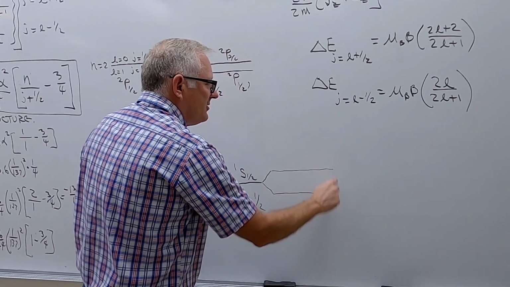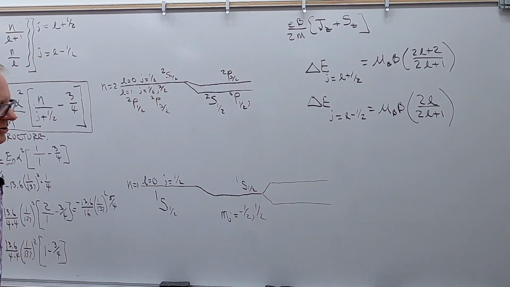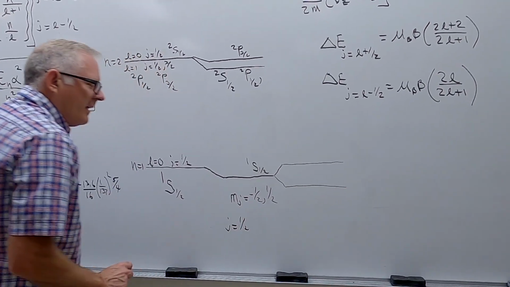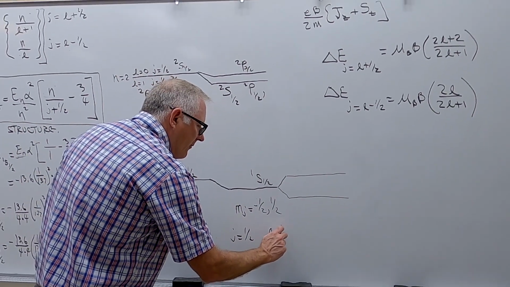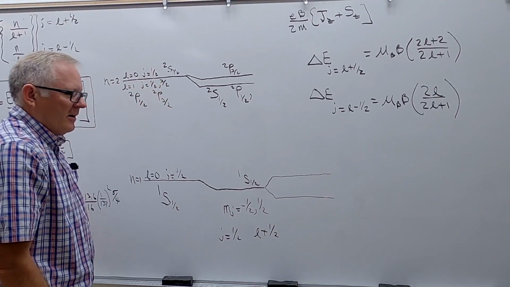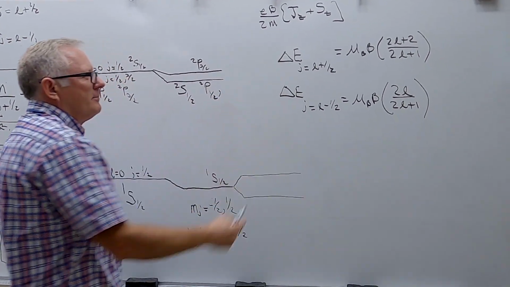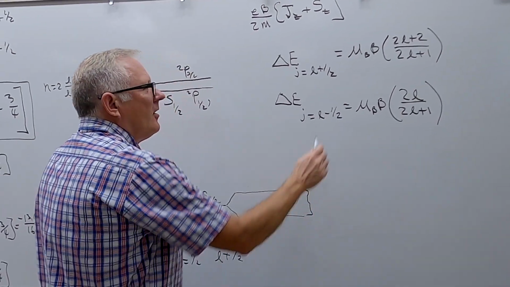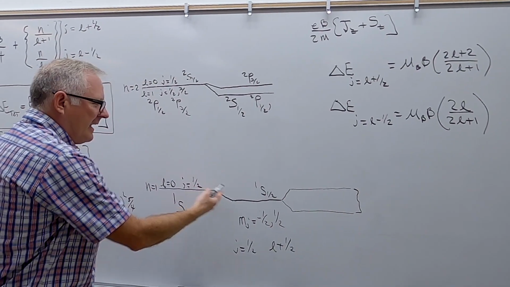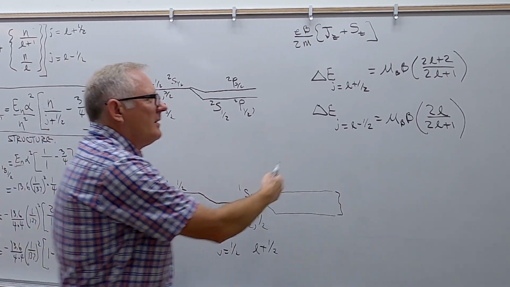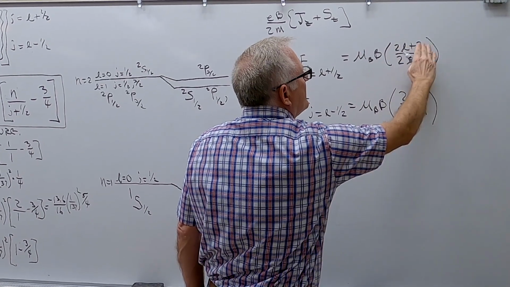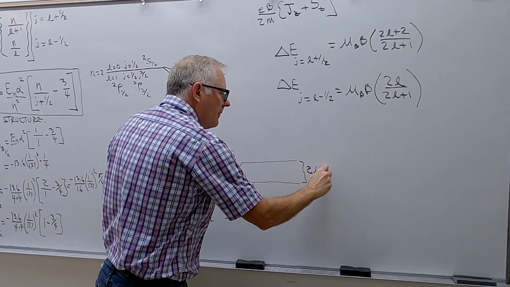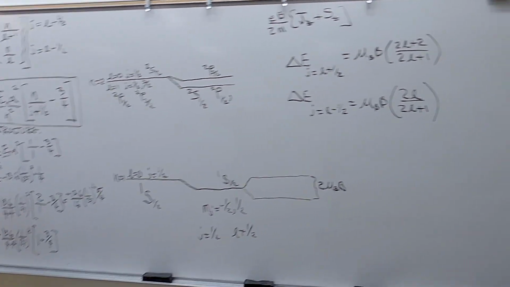Now, since we're in the case where J is 1/2, that's equal to L plus a half, which means L is 0. So this is the spacing between them, since we're looking at the L plus a half case. You just plug in what L is. What's L for the S state? L is 0. So that would just be 2 over 1. It'd be 2 mu_B B. That's how much they would separate.